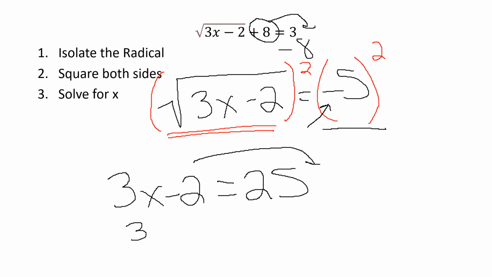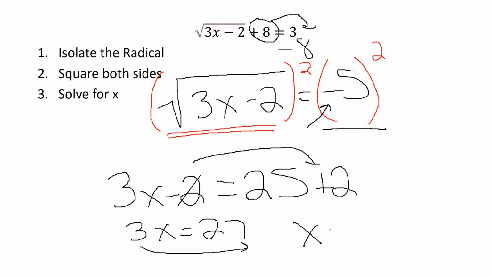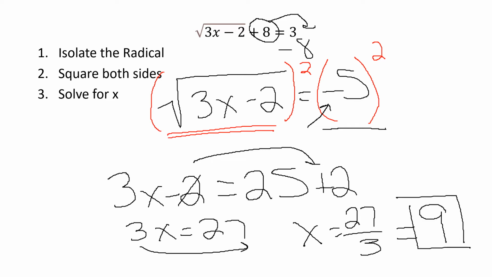When I move a minus 2 over, it becomes plus 2. 25 plus 2 is 27. Move this 3 over. When I move a times 3 over, it becomes 27 divided by 3. If I can simplify it, I need to. So the answer is 9.